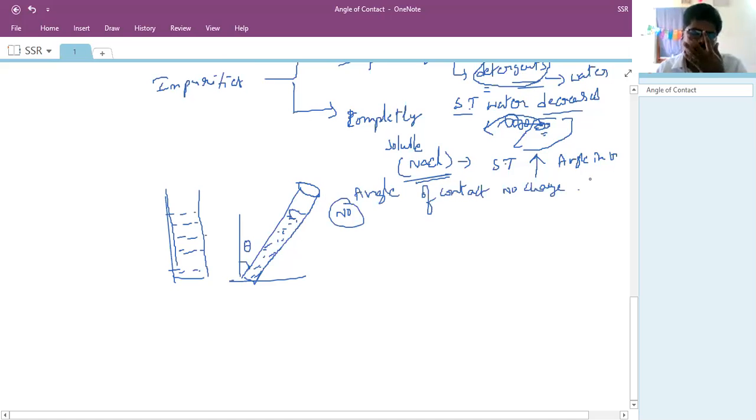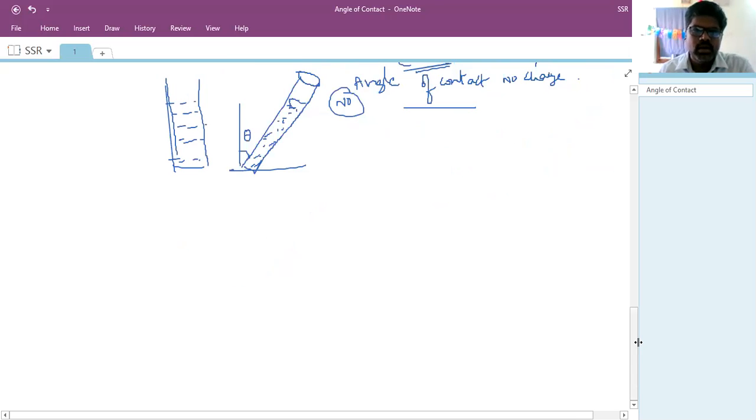So these are some important points related to the angle of contact and the examples we have discussed. Now, why is this angle of contact created? What is the reason behind it? It is the concave and convex shape of the liquid meniscus.